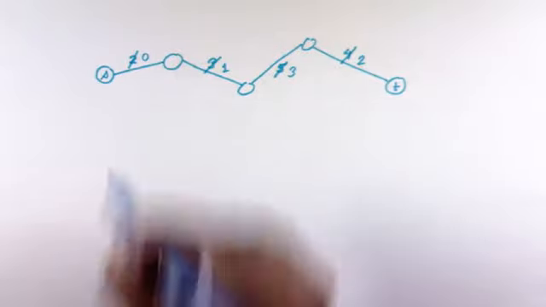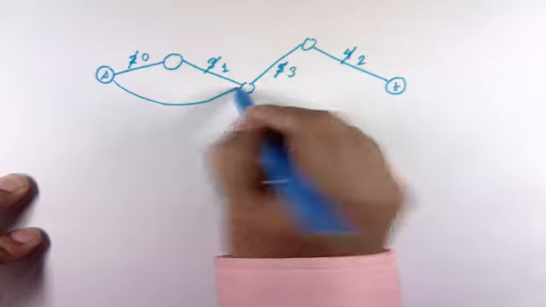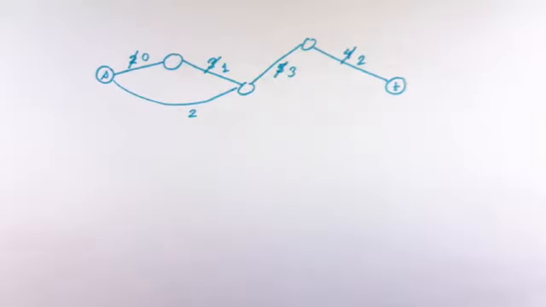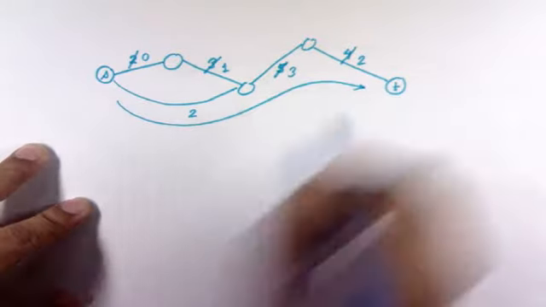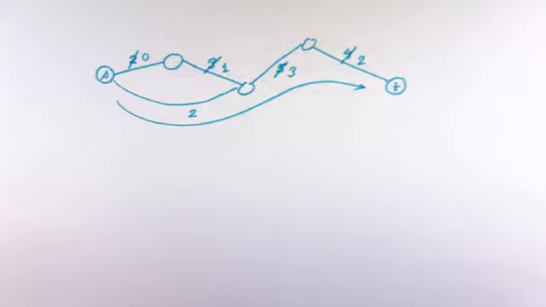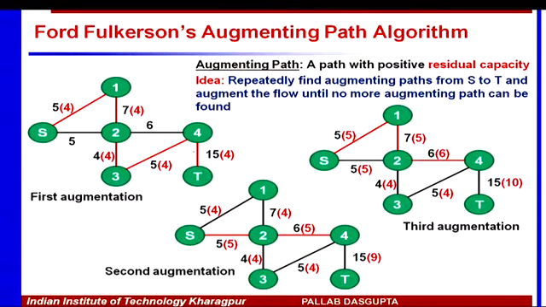But if there is some other path like this, now I can push through that one, right? I can push flow like this. So the augmenting path algorithm does the following thing: in every iteration it tries to find a path in the residual graph, that is the graph where edge capacities are replaced by the residual capacities.